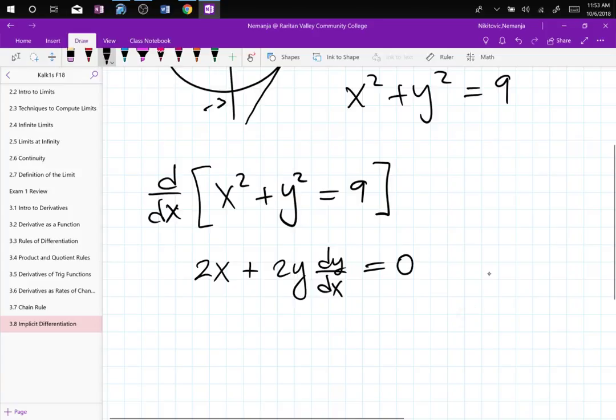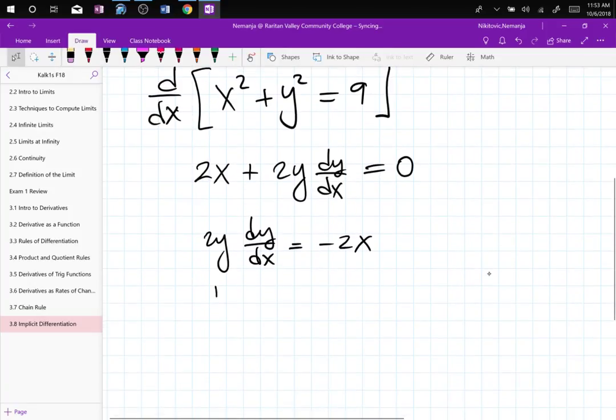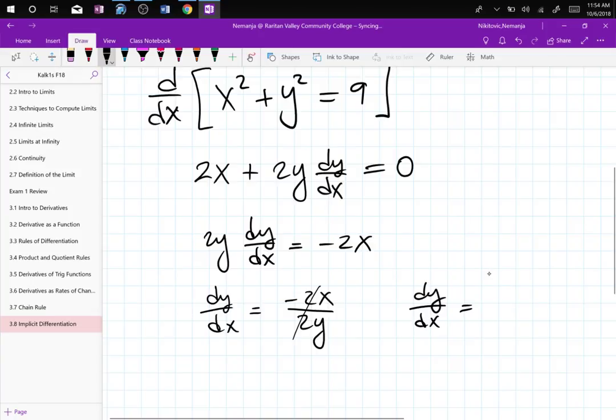Now, as you can see, you can solve for it, right? You can say 2y dy/dx is equal to negative 2x, and then dy/dx is equal to negative 2x over 2y. The 2's cancel, and you have dy/dx equals negative x over y.